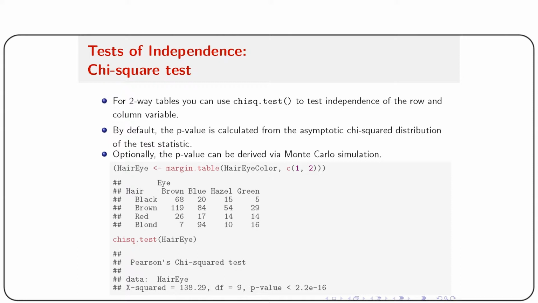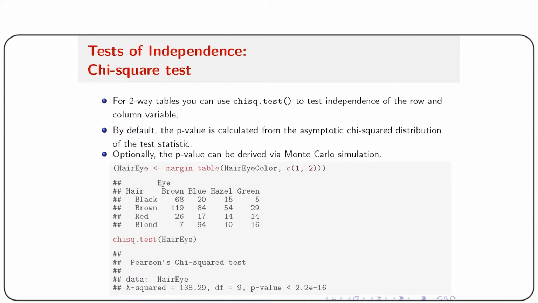function. For example, suppose the HairEye data that we used in the previous module can be called here, and margin.table with columns 1 and 2, then you will get the table as this. It was the hair and eye, the gender would be removed, so gender would be summarized.